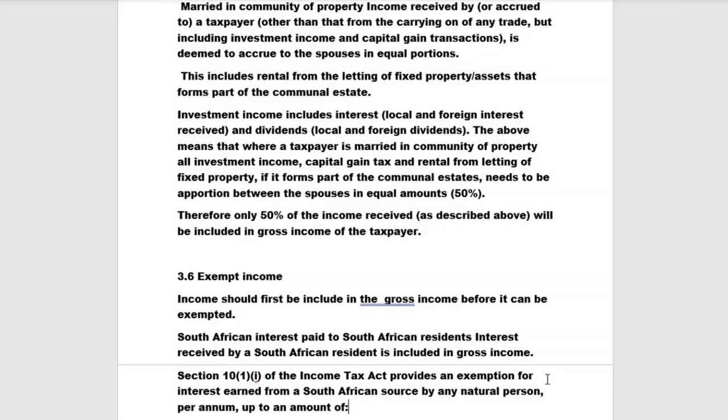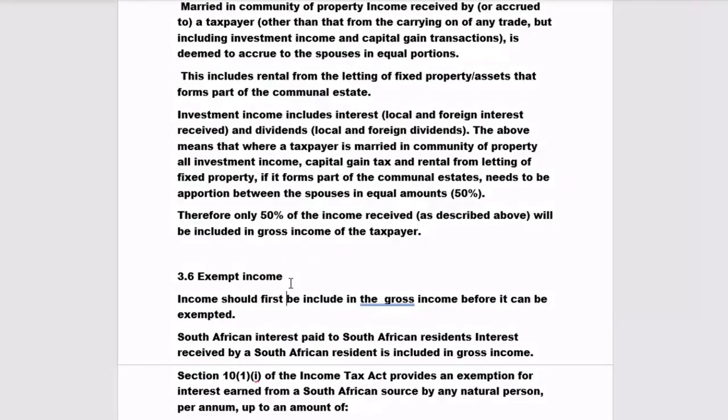We all know the compliance in regards to the share when it comes to an in community of property marriage. Therefore, only 50% of the income received as described below will be included in the gross income of the taxpayer. So when you submit your tax returns, only 50% of your portion will be included. Obviously, that will be determined by the type of marriage that you are in.